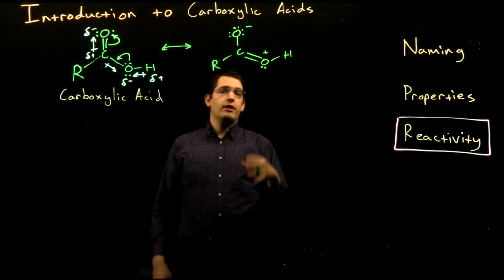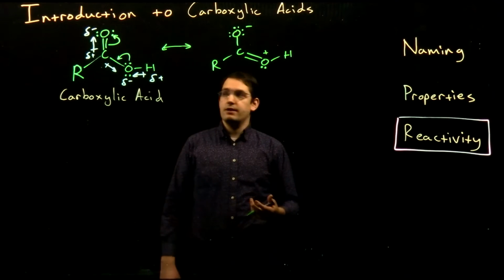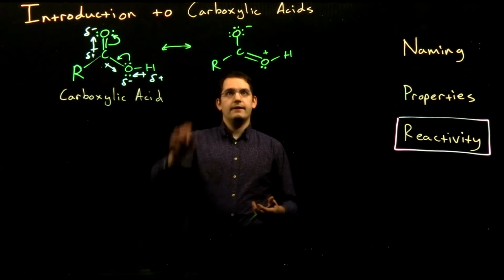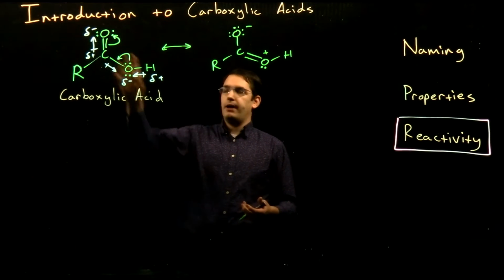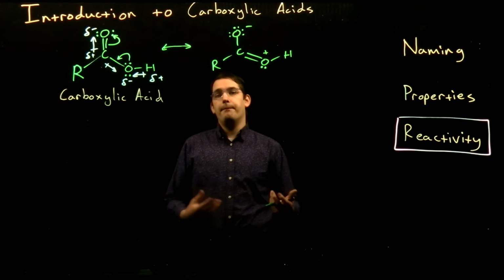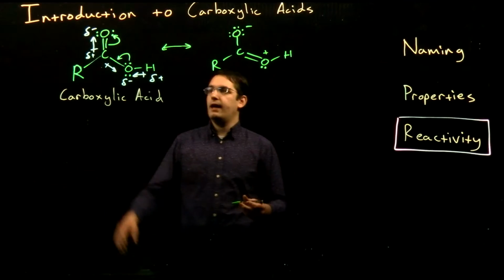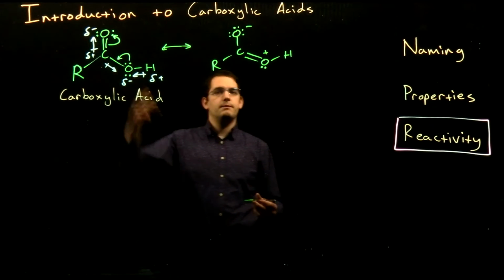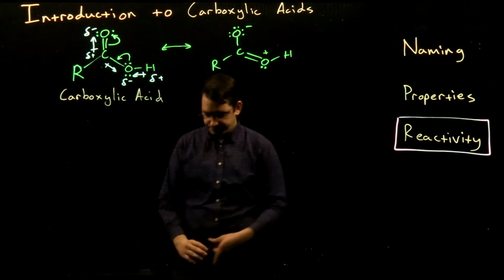Now this of course is going to be a minor resonance contributor because it has more charge compared to my initial structure here. But it does still indicate, again, that sharing of electrons between my oxygens.